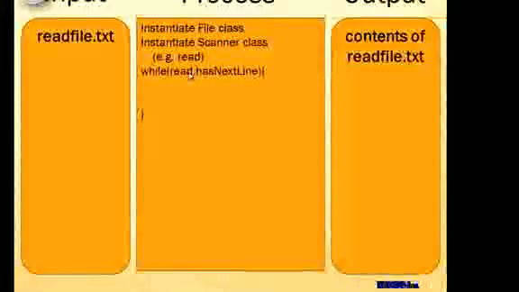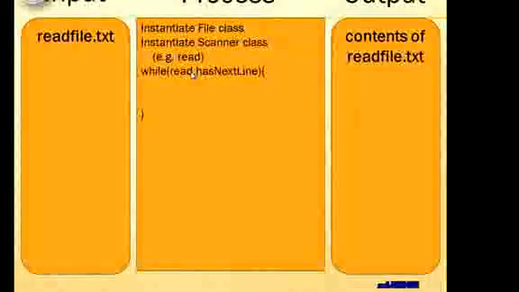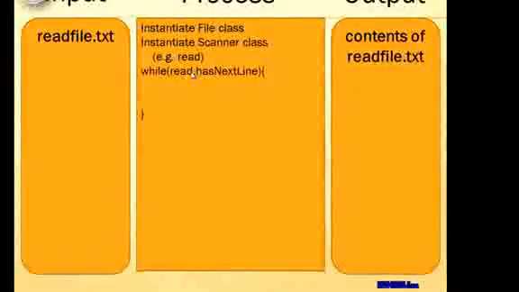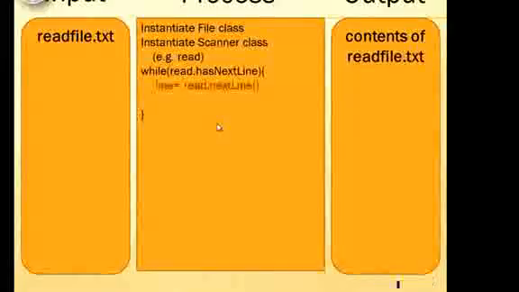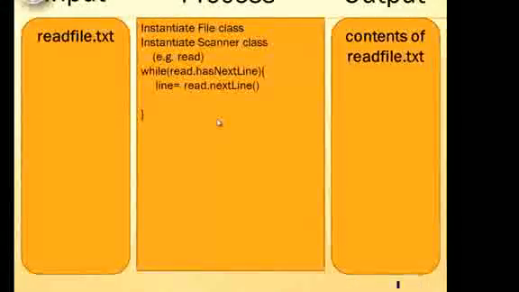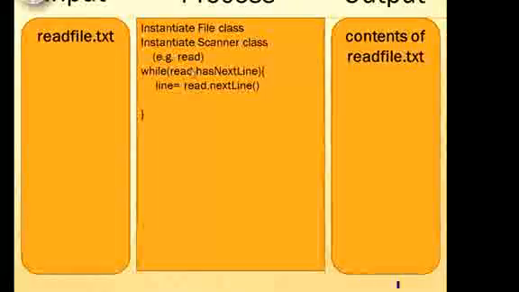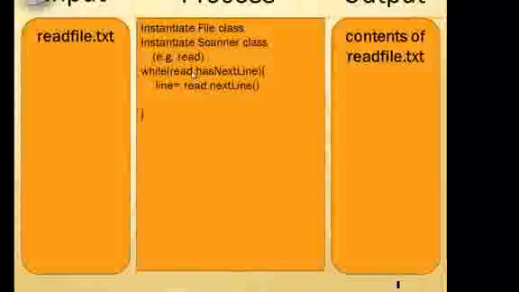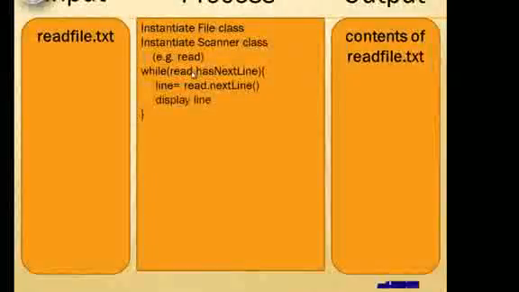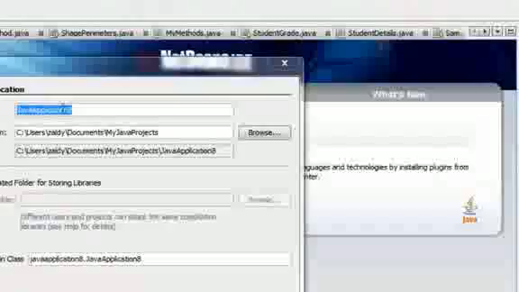And then we're going to create a looping statement that will read each line of the file until it's the end of the file. Every line we read, we will place in a variable called line, which should be a string, and then we will display that line.